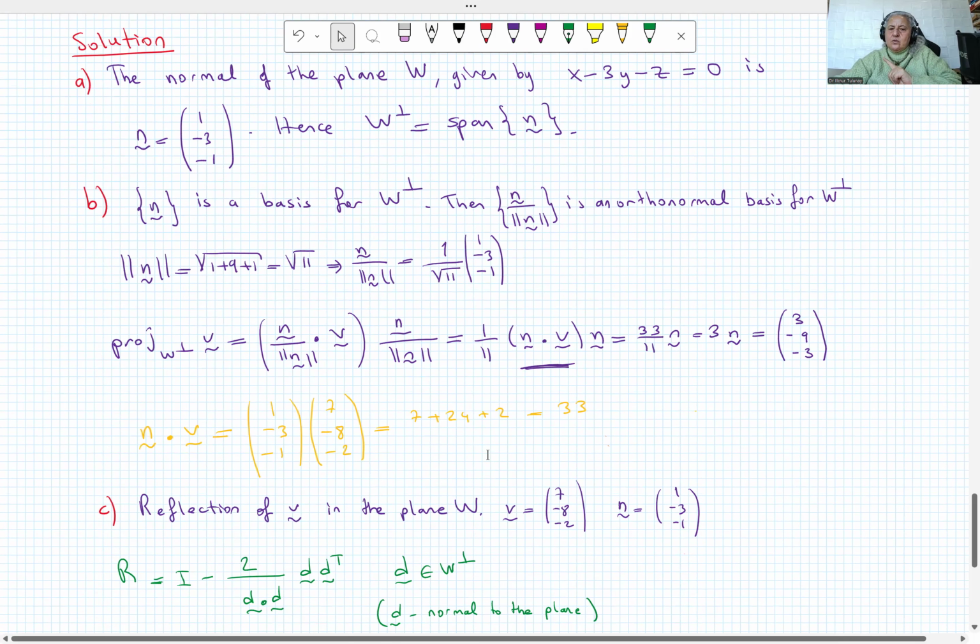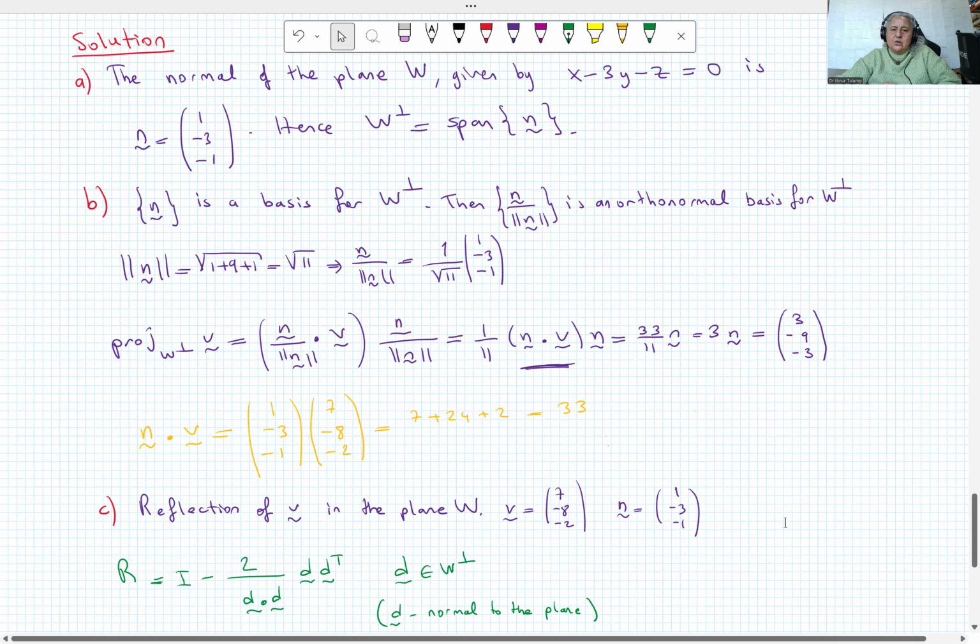The projection will be the basis, dot product with the vector V, times the basis. Then you calculate the dot product, and you will find this vector. Okay, and this is the calculation that I've done here.